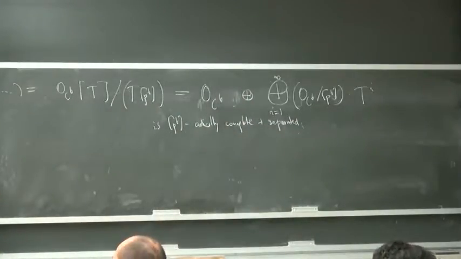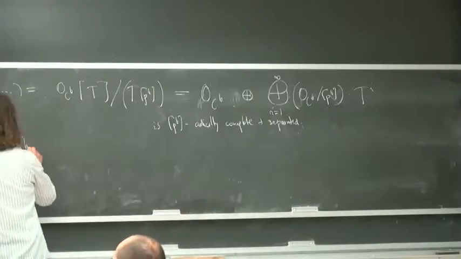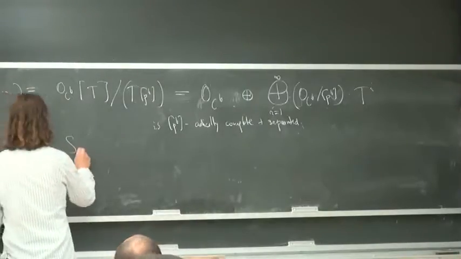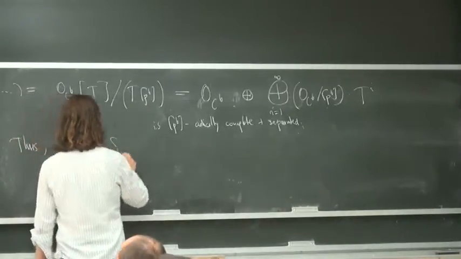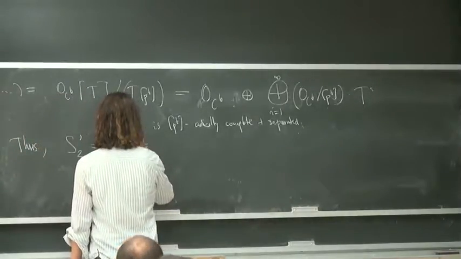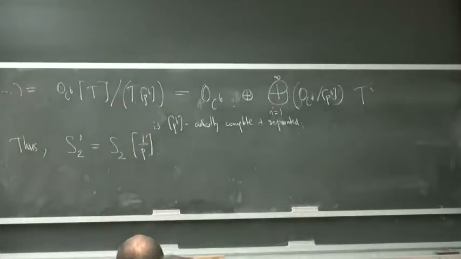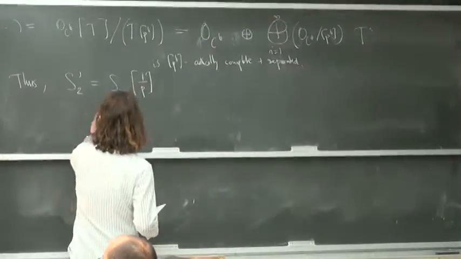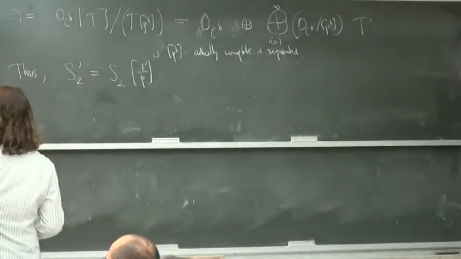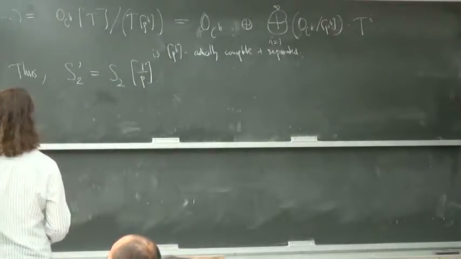And so I think this proves an inequality, and so this means that this S2 prime is really just S2 invert P. And also the guy with the intersection is just this S12 again, there's no problem with that.